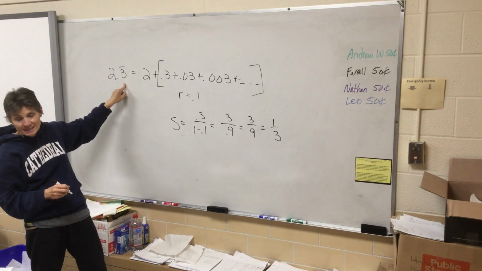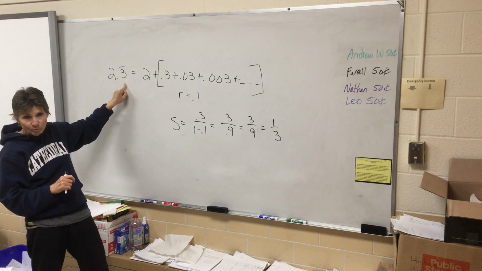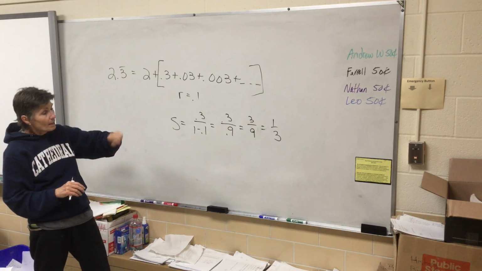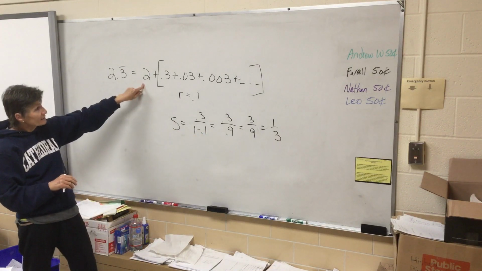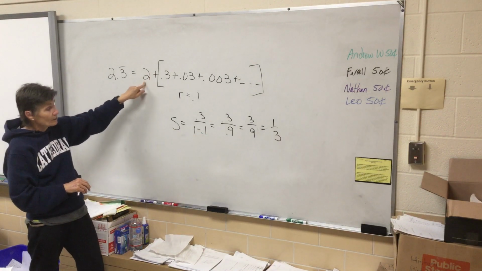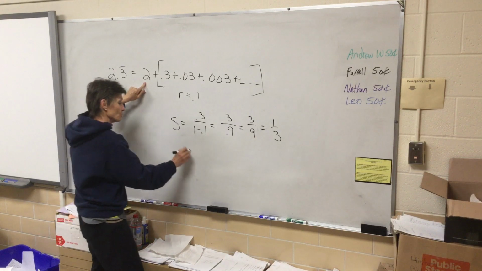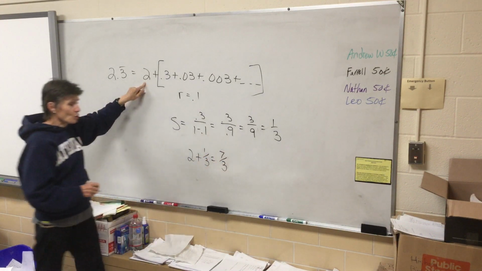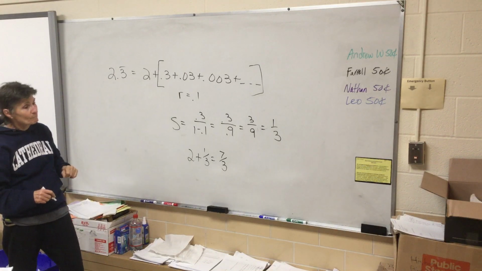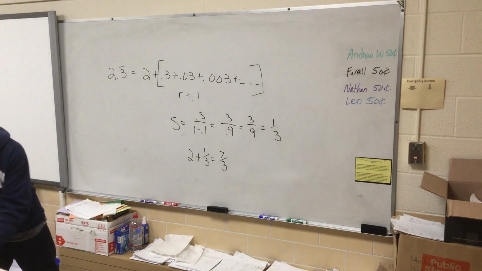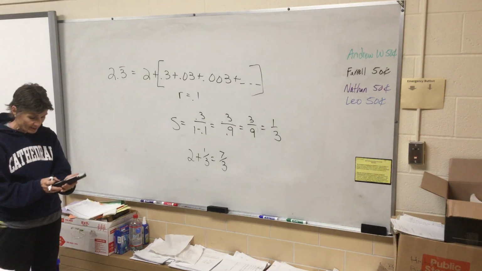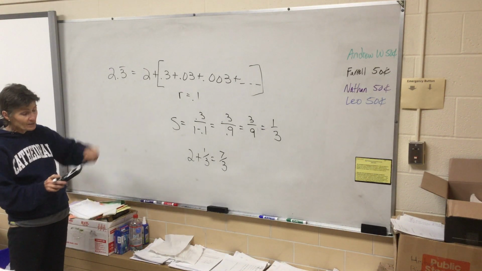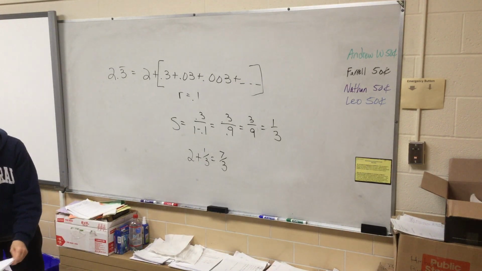You probably knew that 0.333 is 1/3. But that 1/3 still needs to be added to 2. So 2 plus 1/3 is 7/3. So your fraction is 7/3. And if you took out your calculator and did 7 divided by 3, you should always get the original problem.